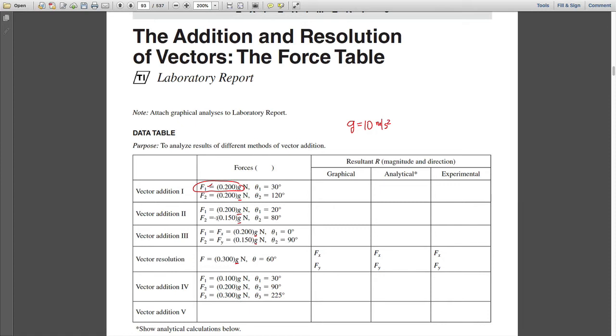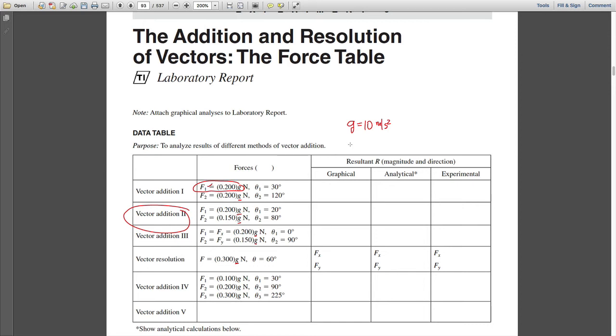Okay, so vector addition 2, for the second part. I like to graph my things on a bigger scale.